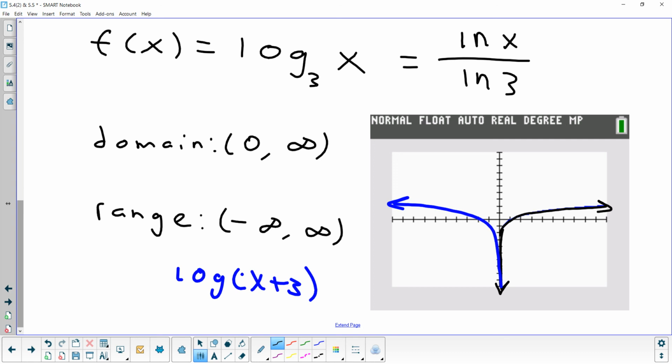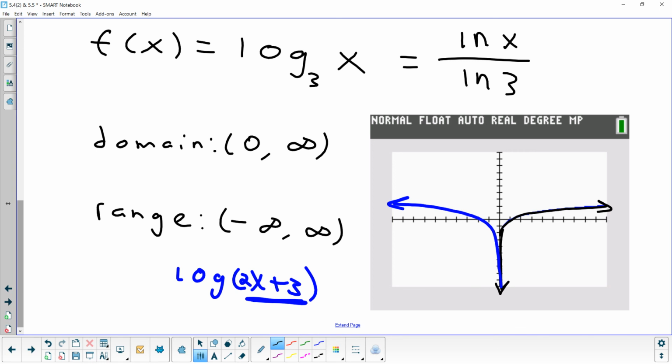If it starts to get confusing and you have a number like that, and you're like, I don't know what the vertical asymptote is now, remember, logarithmic functions only go in one direction. The smallest number that you can ever plug into a log function is 0. So set that argument equal to 0 and find out what x would be. And that'll tell you your vertical asymptote. Okay.